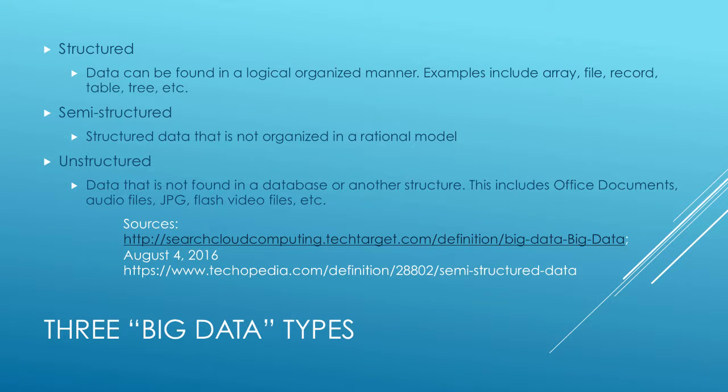One way to look at big data is in the traditional definitions, which are noted here on this slide. We have the structured data found in a logical manner. Examples include files, records, and so on. And then we have semi-structured and unstructured.